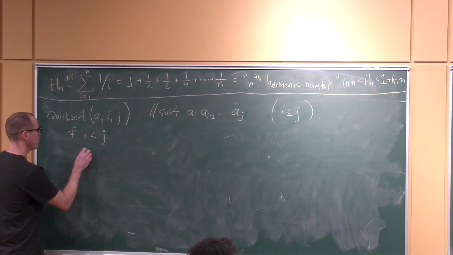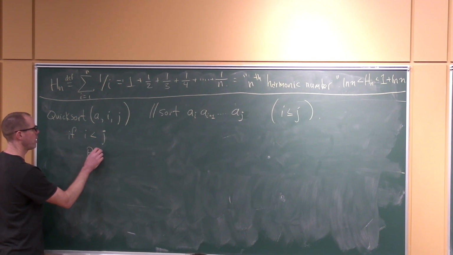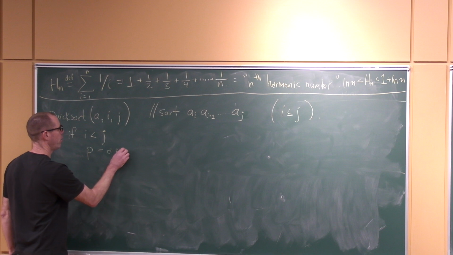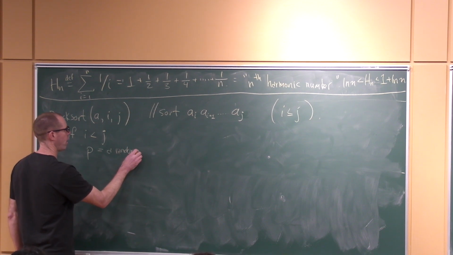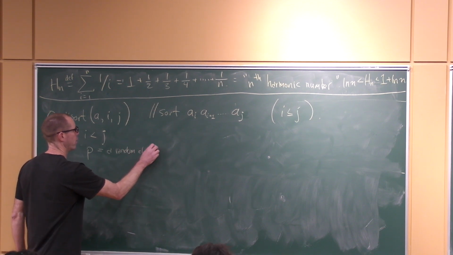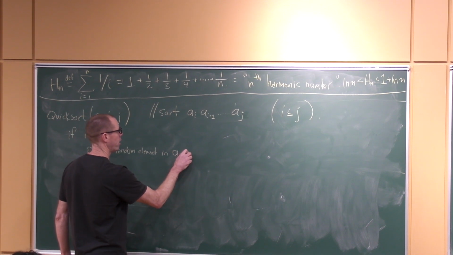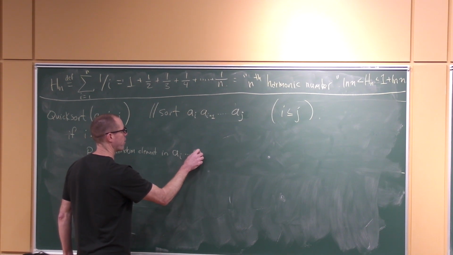And so what it does is it picks an element p to be a random element in a[i] up to a[j].